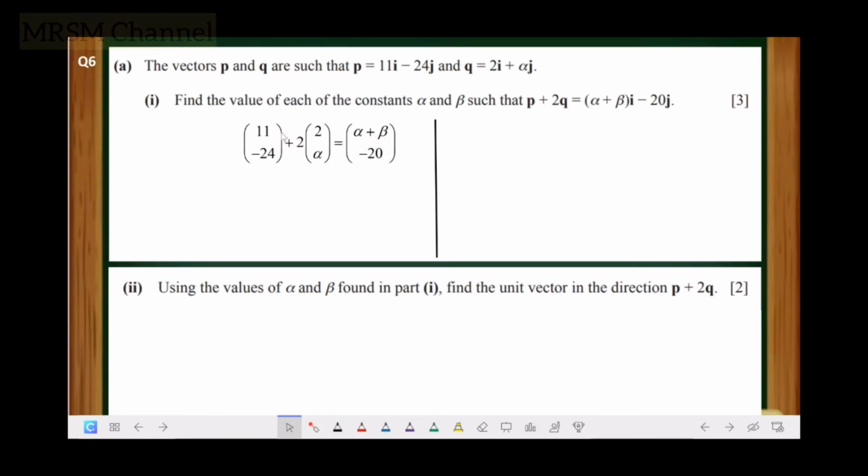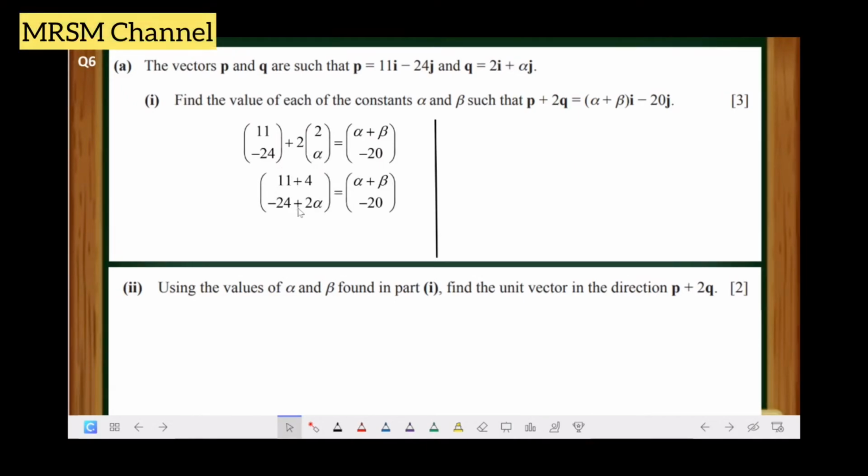So 11 plus 2 times 2. The top one is I, the bottom one is J. If you look at the I component, you have 2 unknowns, alpha and beta. But if you consider J, J only has alpha. So I will take this one first. Negative 24 plus 2 alpha is equal to negative 20.